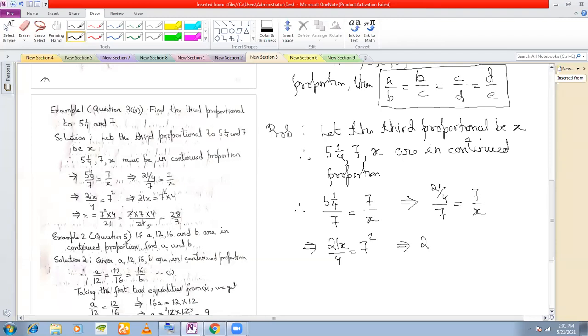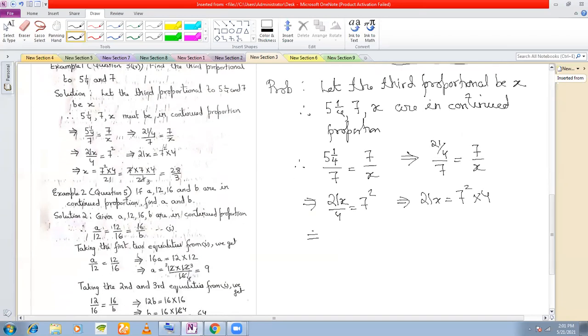That means 21x is equal to 7 square into 4. X must be equal to 7 square into 4 by 21, which is 7 into 7 into 4 by 21. Cancel 7 with 21 three times. You get 28 by 3.